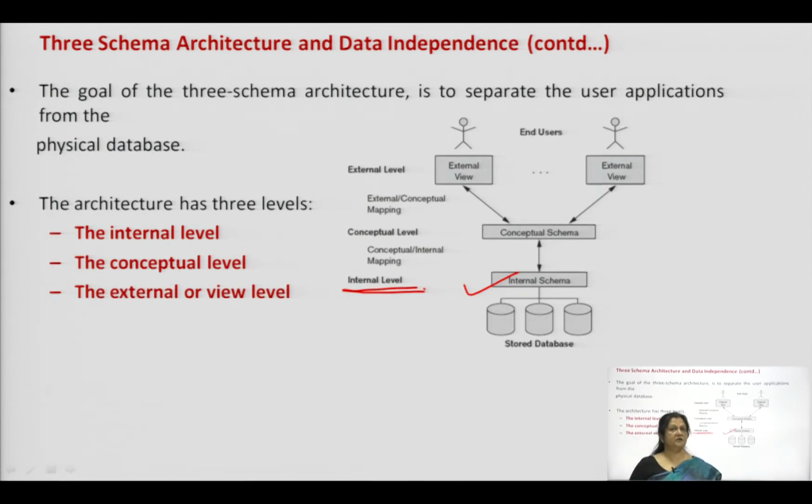We just said what is a schema? A schema is the structure of the database. So, what is the internal level? The internal level is the structure of the database, which is represented by the internal schema, and it is at the physical storage.